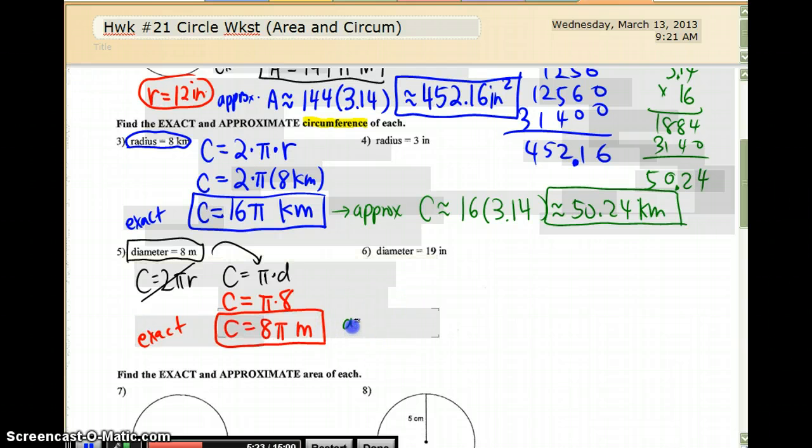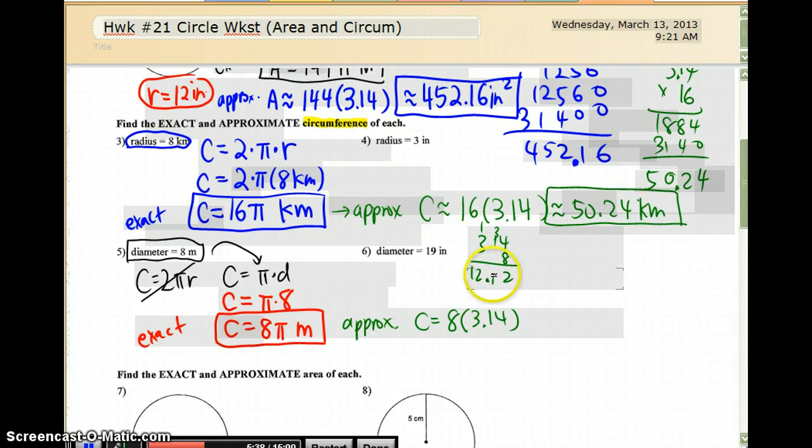I didn't really have to do much except plug the numbers in. And then I'm going to find the approximate answer, where I'm going to take the circumference is equal to 8 times the approximation, 3.14. So I'm going to do that calculation right up here. Okay, and I get about, I should change this to an about too, because I am approximating, 12.12 meters.